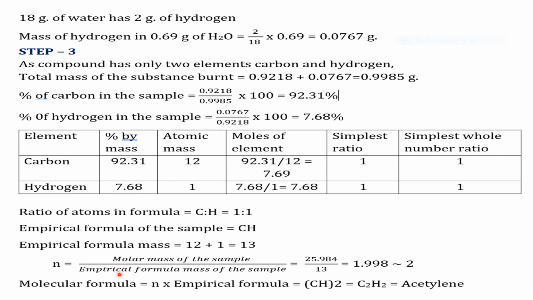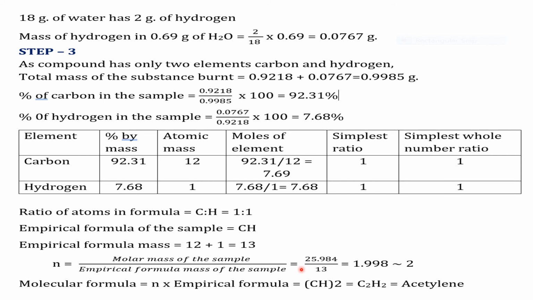Now empirical formula mass is equal to 1 atom of carbon into its atomic mass plus 1 atom of hydrogen into its atomic mass, that is 12 plus 1 equal to 13. Now n is equal to molar mass of the sample divided by empirical formula mass.